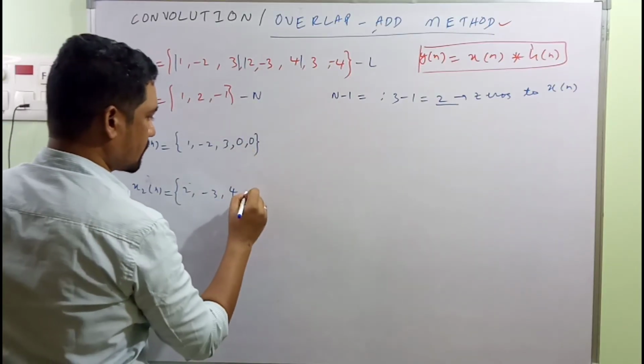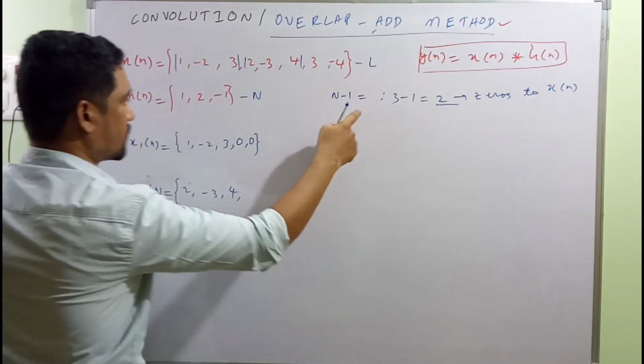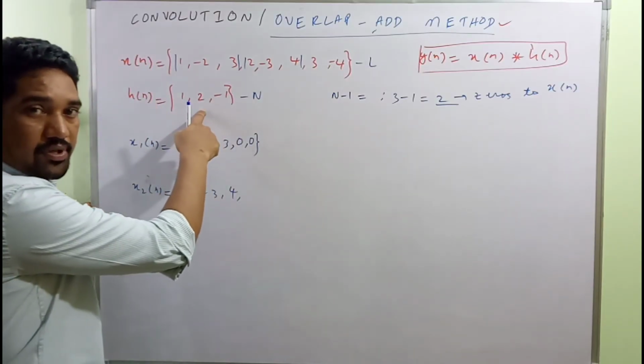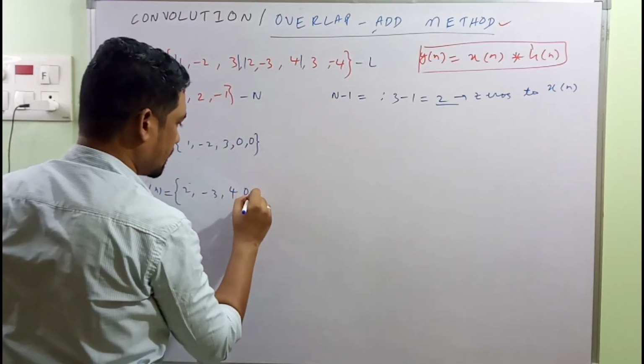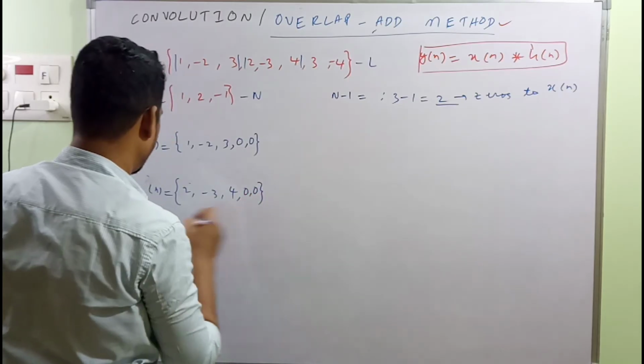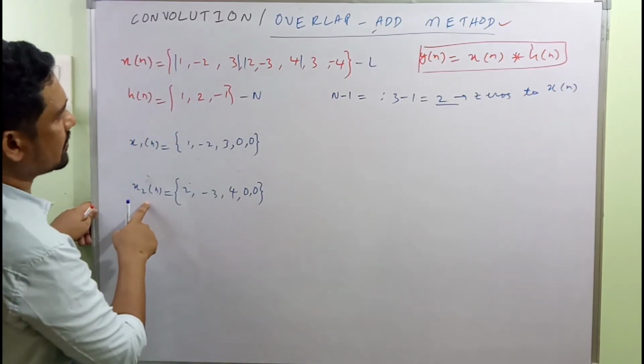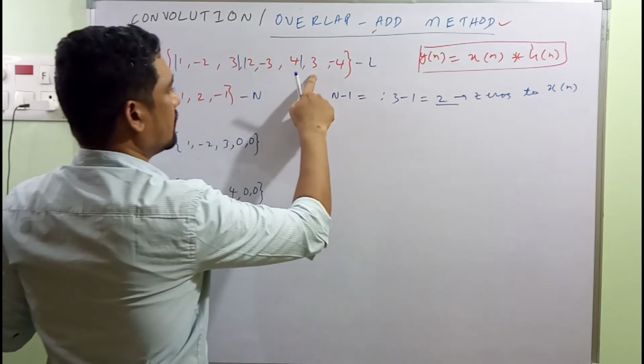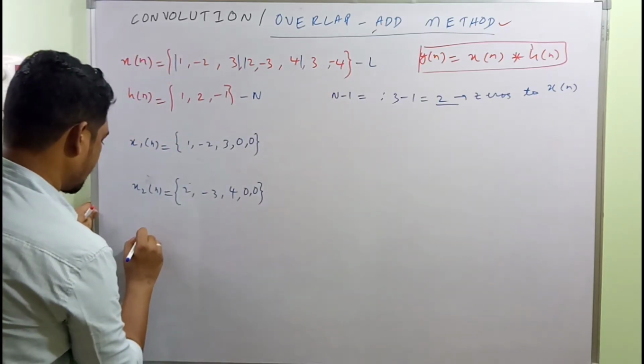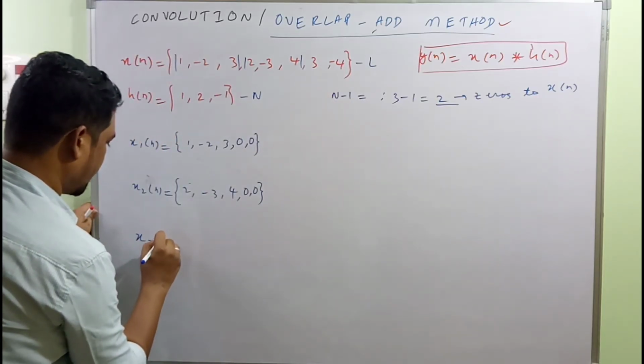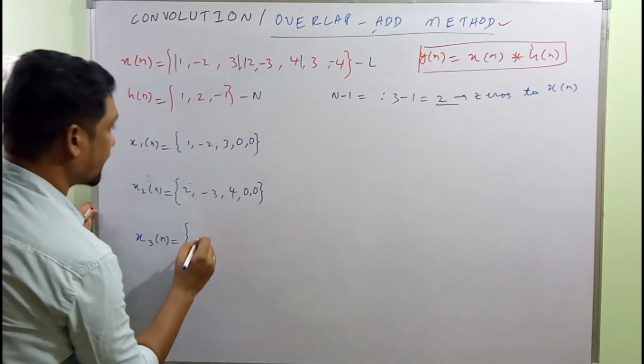We need to pad zeros, and 2 zeros from the information of the impulse response. So it's 2, minus 3, 4, 0, 0. This will be our x2 of n. Another one is left over here, 3, minus 4. That will be our x3 of n, which is what is left over.